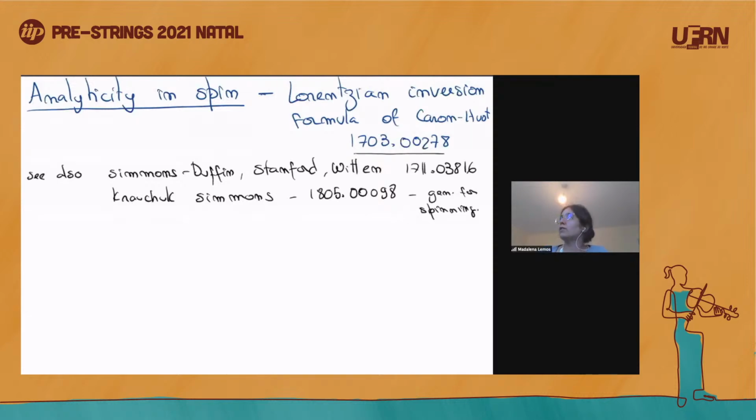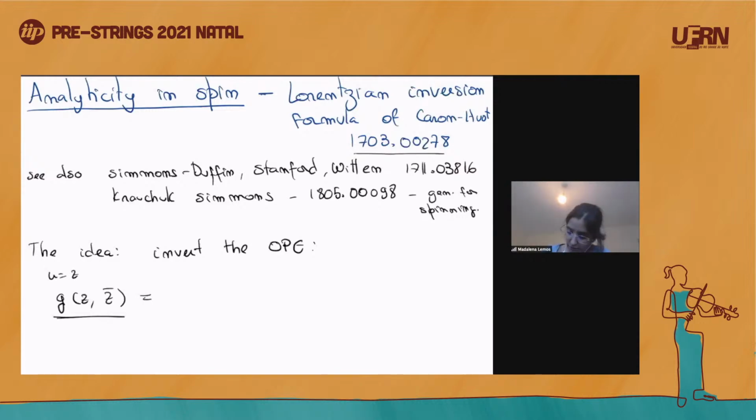Okay, so what's the idea behind this analyticity in spin? How do we get it? And what's the inversion formula? So the idea is to invert the OPE. So with conformal symmetry, four-point functions are fixed in terms of a function of two cross ratios.